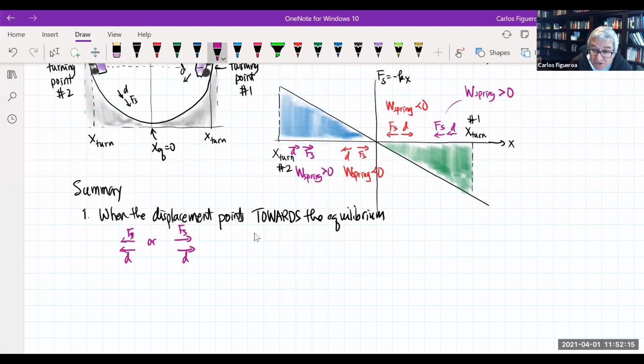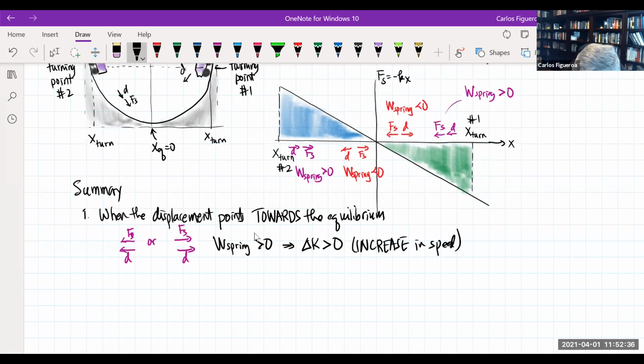So in each of those situations, when they point towards the equilibrium, then the work of the spring is positive. And if it's positive, then the work energy theorem tells us that I'm going to have a positive change in kinetic energy, and therefore there's an increase in speed. No surprise.